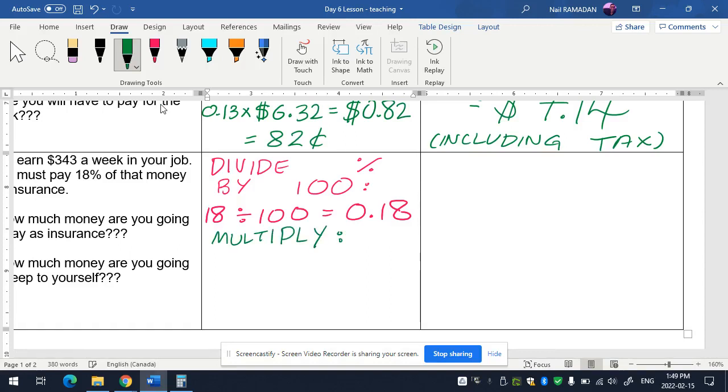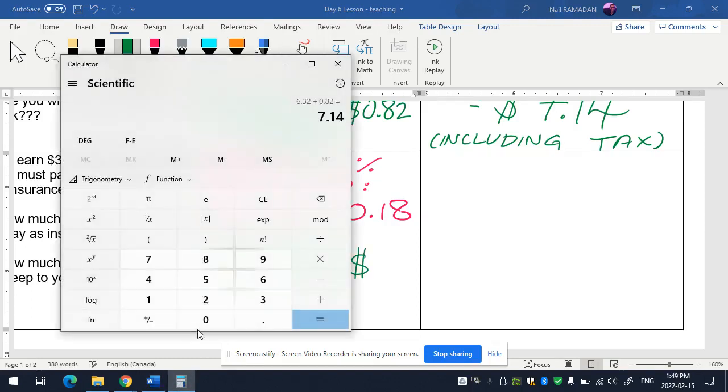So what do you get? You get 0.18 times money, because you know your answer also has to be money. Let's just check, 343 times 0.18. So you are going to have to give away $61.74 for tax.